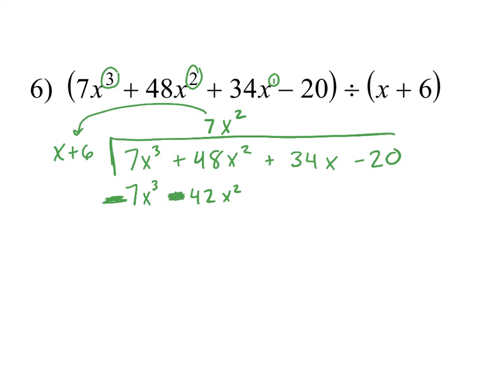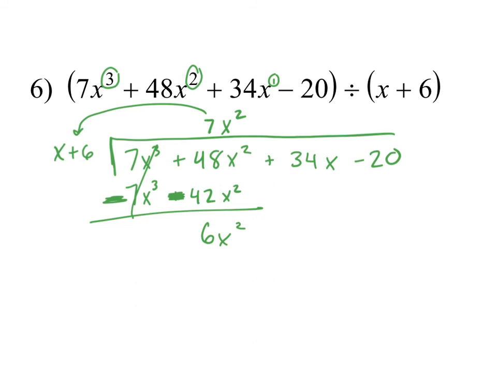What happens to our 7x cubes? They cancel. What's 48x squared minus 42x squared? 6x squared. So we have to keep it in order so we know it's going to be x squared also.